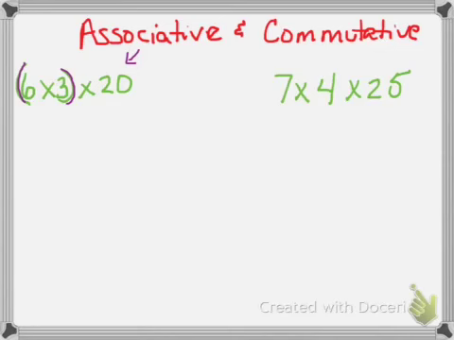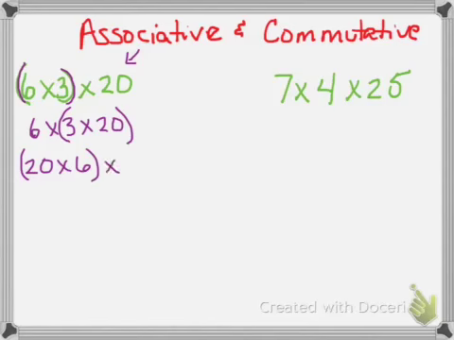Sometimes we just regroup by switching where the parentheses are, keeping the order the same. Or I can use the associative and commutative by reordering the numbers. So maybe I want to do 20 times 6 and then group those times 3. It still all works. No matter how I solve these problems, I will still end up with the same answer.